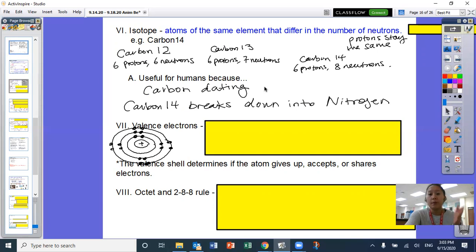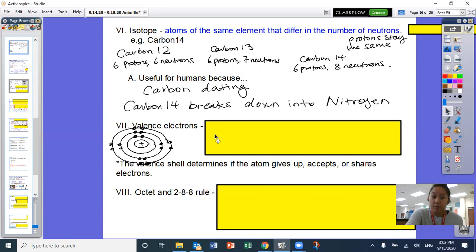So based on the percent of carbon-14 that a fossil contains, you can tell how long it's been dead, or when it last lived, because you can tell when it stopped taking in carbon-14, since there's only so little left in it and it's all been broken down into nitrogen. Okay, so carbon dating is useful for identifying the age of fossils, and it's only because we discovered that carbon-14 is a thing.